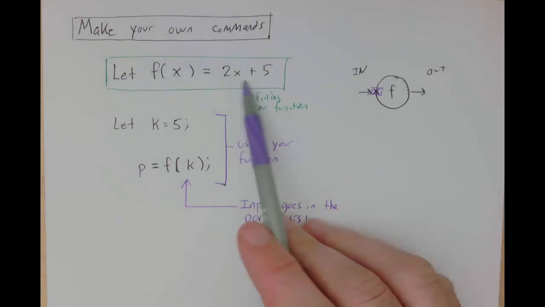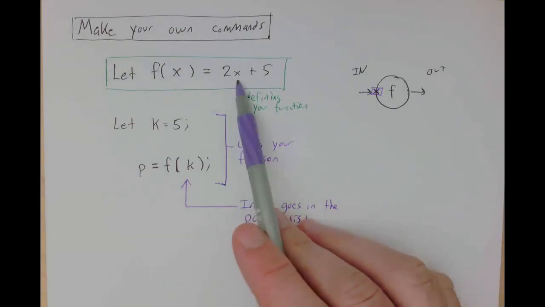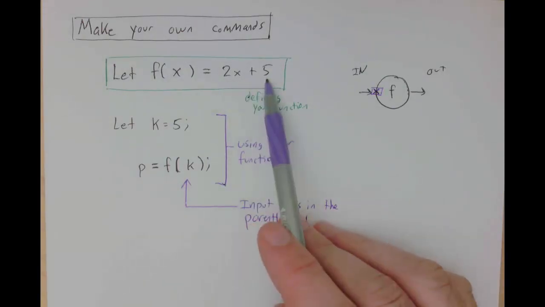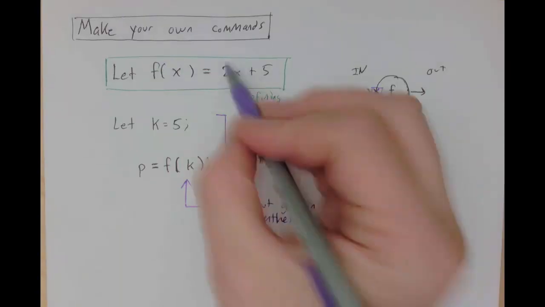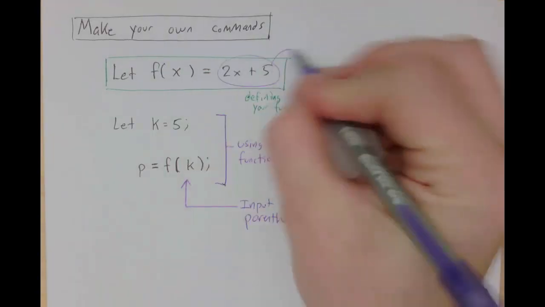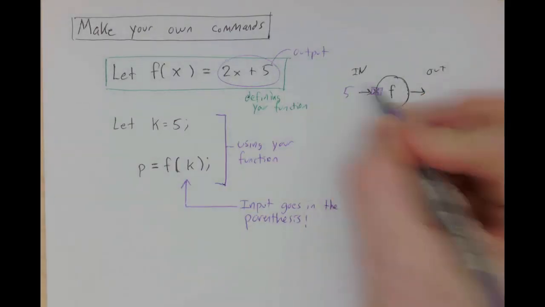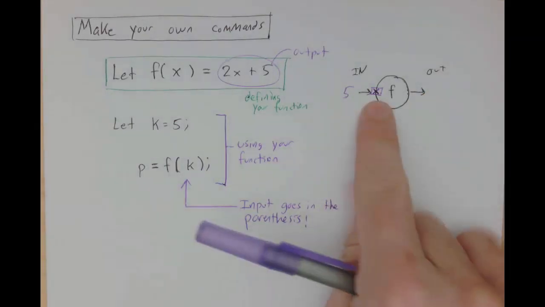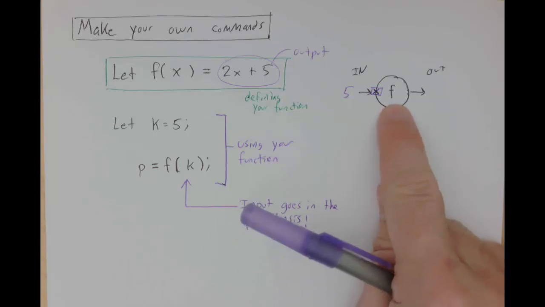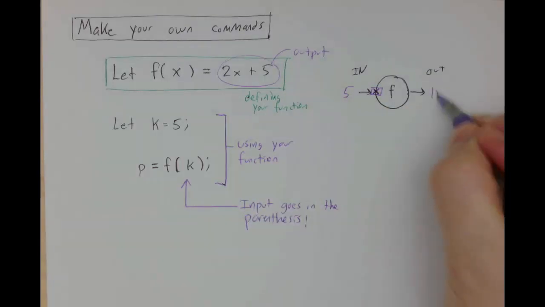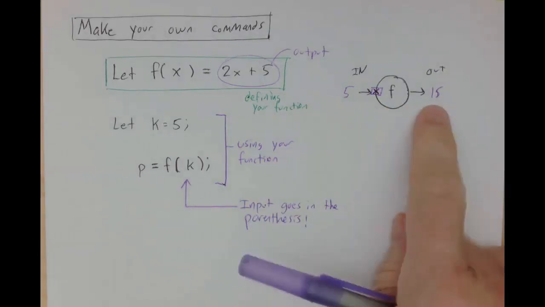Then we would do whatever we were going to do with it. So 2 times 5 is 10, plus 5 is 15. And then this also defines the output for the function. So if I send 5 as the input, 5 gets assigned to x, then we do something to x, and then the output would be 15. And what happens to the output?